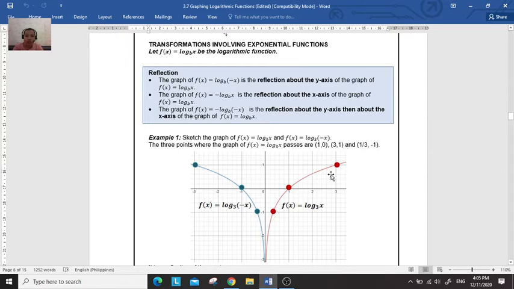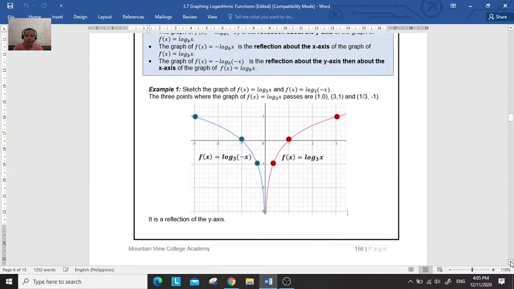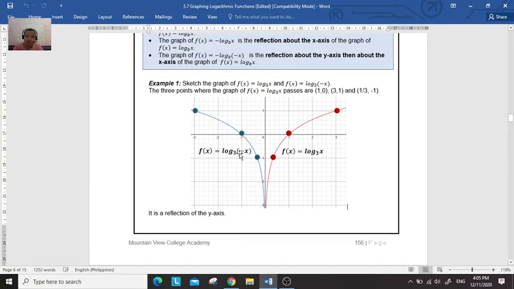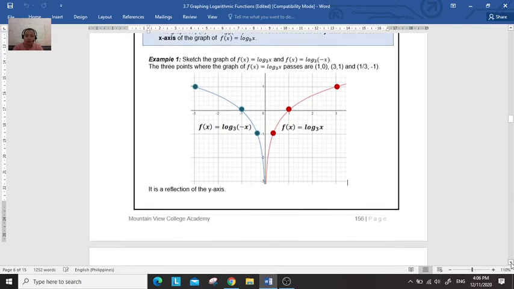These are the points of the function f of x is equal to log x base 3. If you're going to get the points of the image of log negative x base 3, then the points are the following: negative 1 0, negative 3 1, and negative 1/3 negative 1.